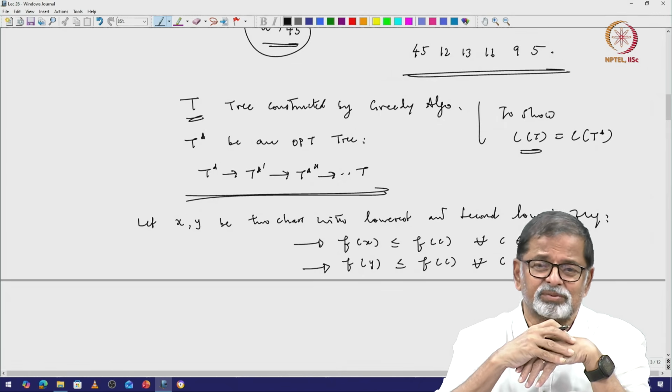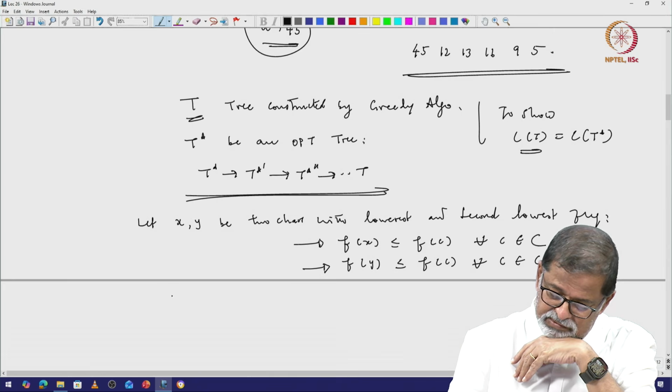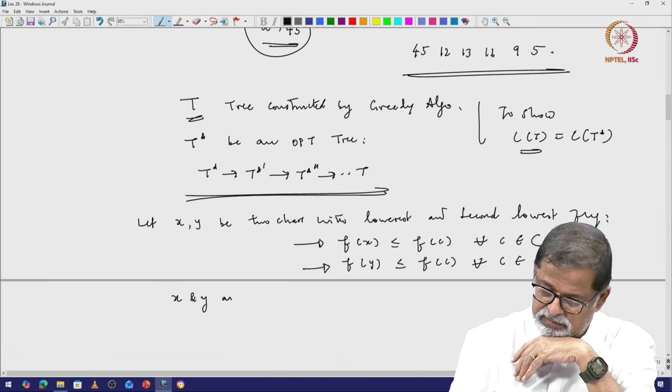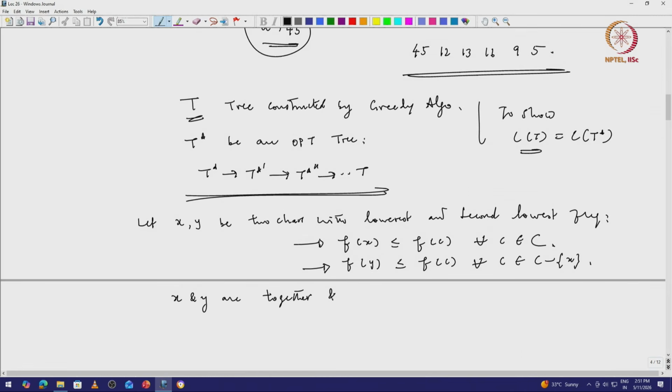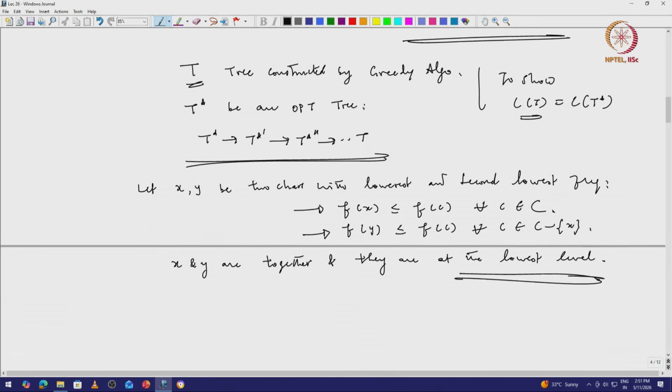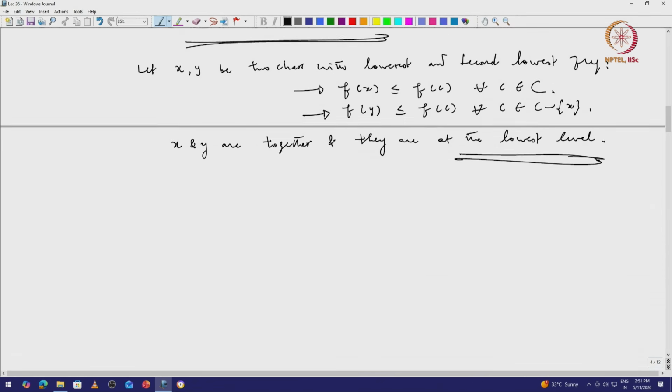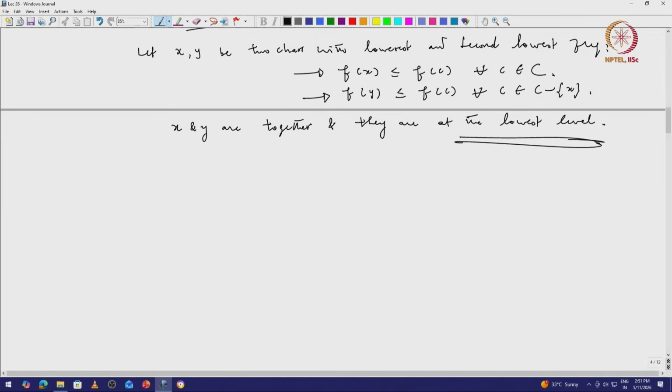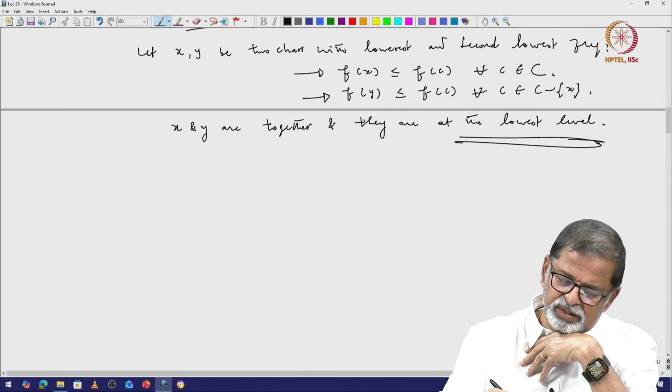So x and y are together and they are at the lowest level. The scenario could be, suppose the lowest level has some other character. Okay, let us take this.